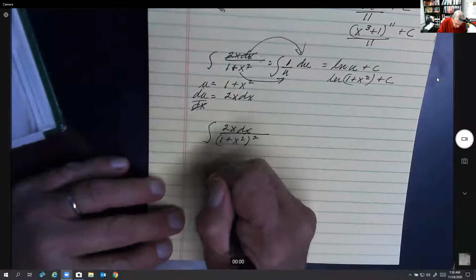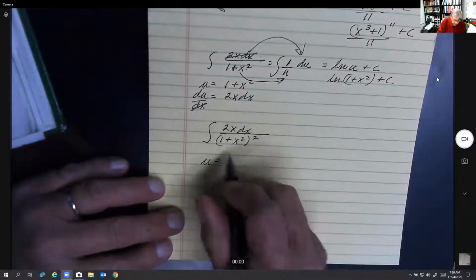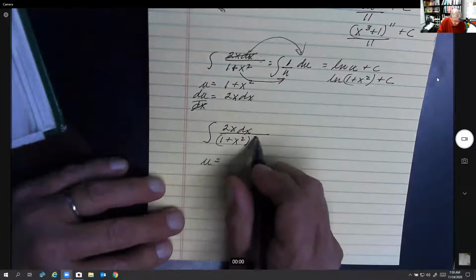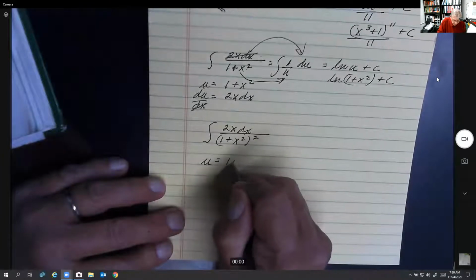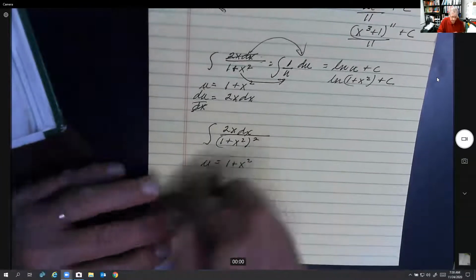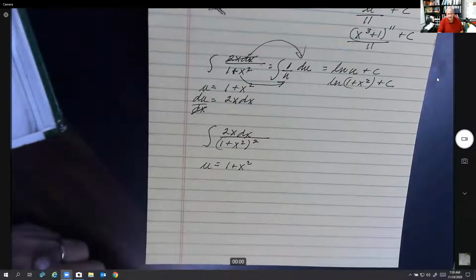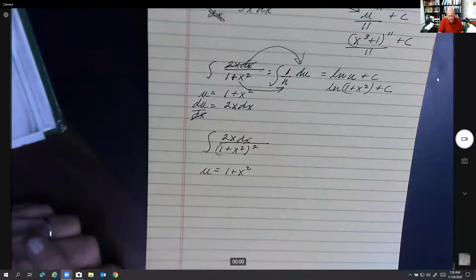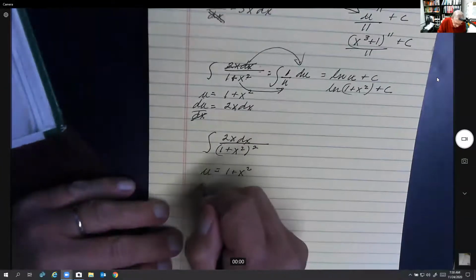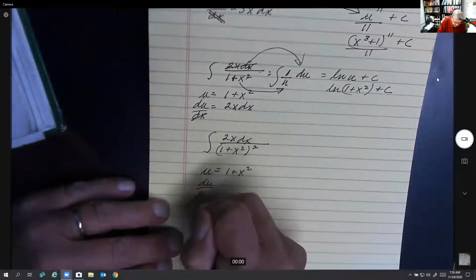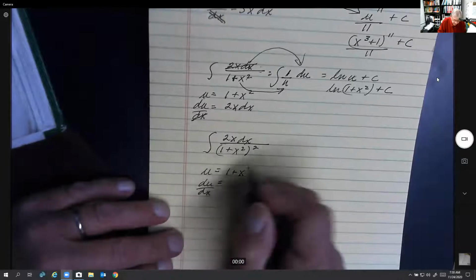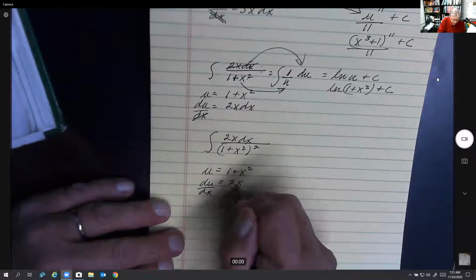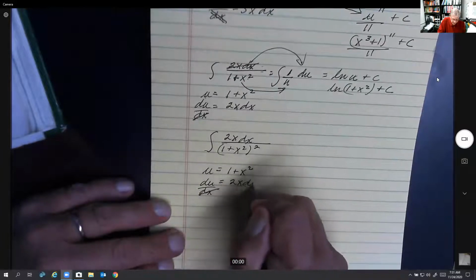So what is u going to equal? U is going to equal the same thing. It's just going to be 1 plus x squared, not squared, but just 1 plus x squared. Okay, just like that. We usually don't raise it to another power. Okay, and du over dx is going to equal the derivative of that, which is 2x dx.